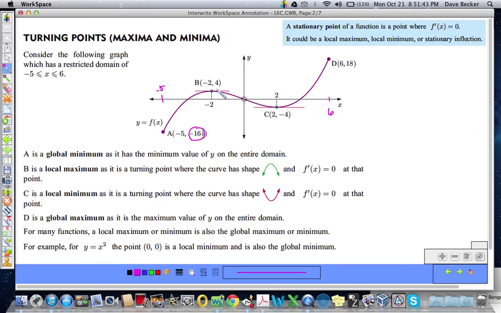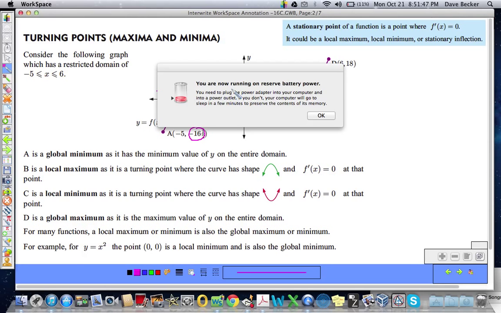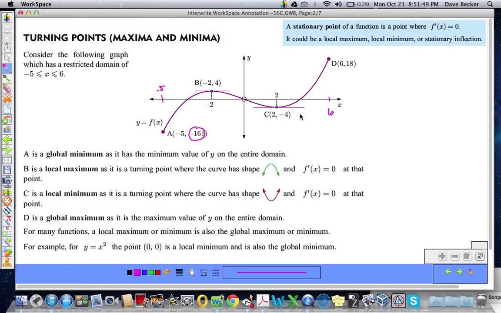And the slope of the curve at that point is equal to 0. And of course the slope of the curve is equal to the derivative, or the slope of the tangent to the curve. And that's equal to 0. Okay, so that's what makes it a local max.